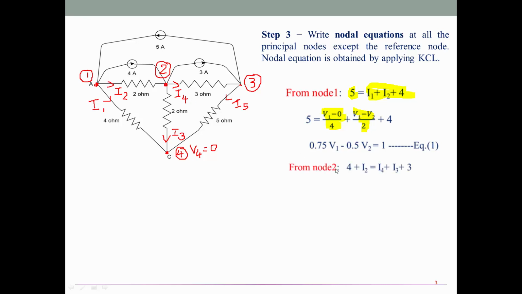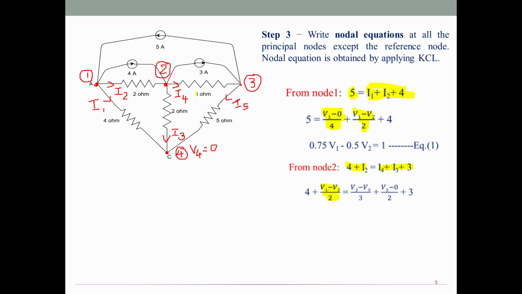Moving to node number 2, there are 5 different branches connected. Look at the incoming currents: I2 and 4, 2 incoming currents. So 4 plus I2 is equal to the outgoing currents I3, I4 and 3 amps, the sum of all these 3. Then write down each current term in terms of voltage and resistor. For I2, you can copy it from the former equation number 1, that is V1 minus V2 by 2.